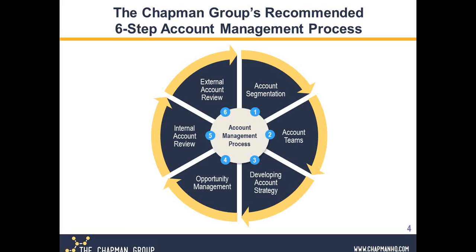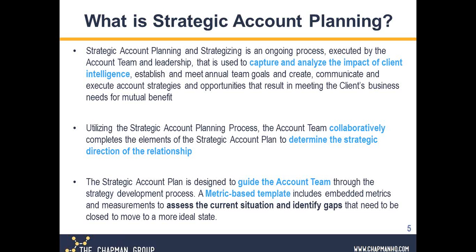Quick summary for probably a lot of people is, what is strategic account planning? Well, it's really to capture and analyze very valuable intelligence or customer information. It's also collaboration amongst the team to be more strategic in guiding the direction of the relationship. And finally, it is a roadmap to guide the team. If we don't write things down or document some things, I think it's quite often that valuable knowledge gets lost.